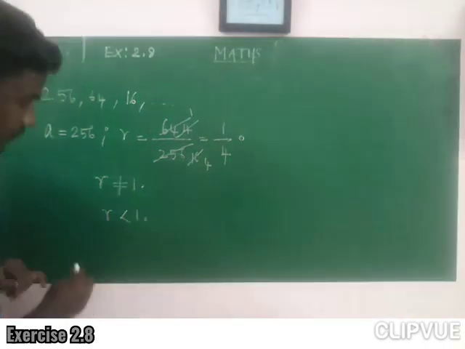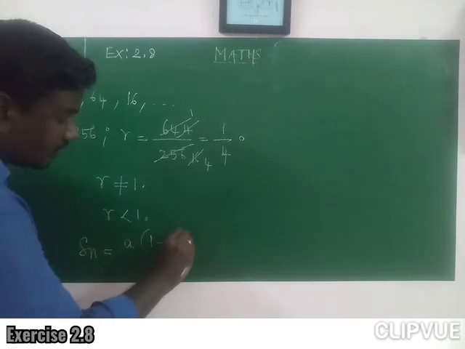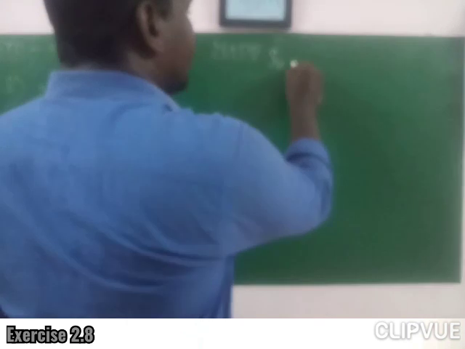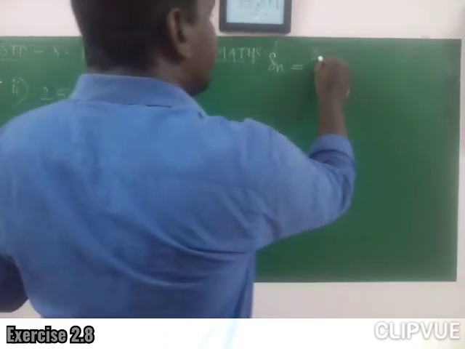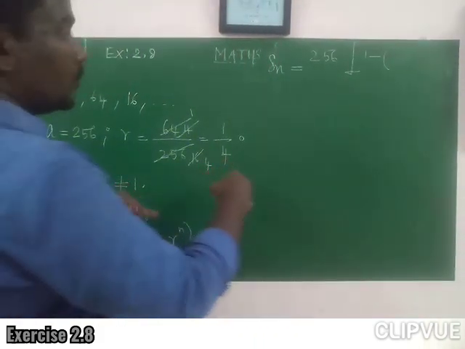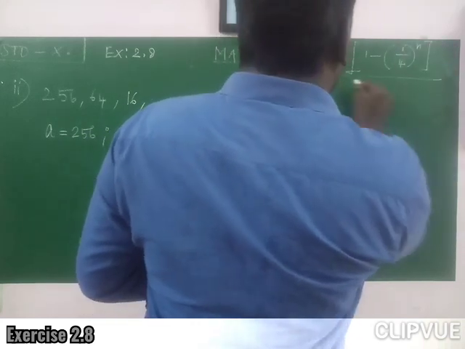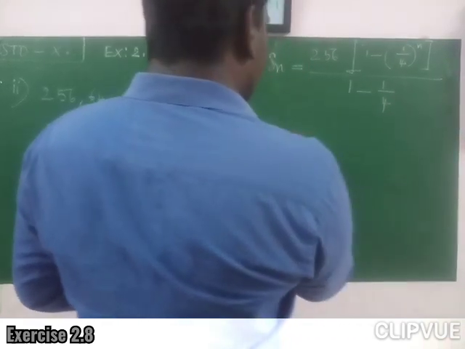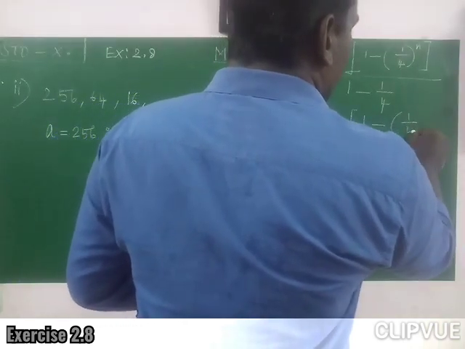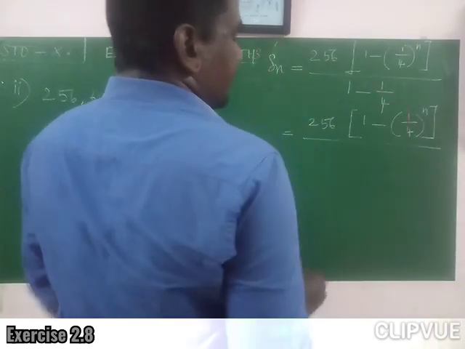So we can take the formula Sn equal to A of 1 minus R power n divided by 1 minus R. So Sn is equal to A value 256 of 1 minus R value 1 by 4 whole power n, whole divided by 1 minus 1 by 4.